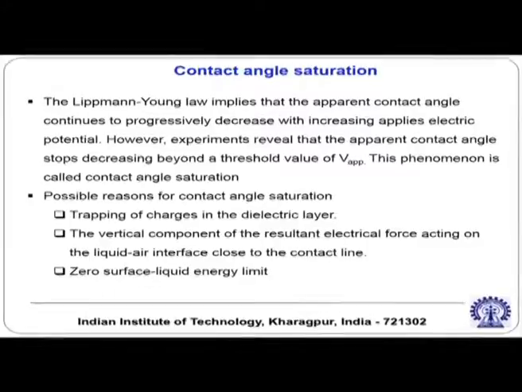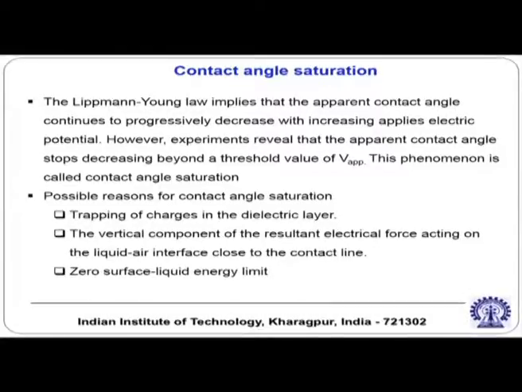What are the possible reasons for contact angle saturation? These are some of the possible reasons. See, all these are like hypotheses. Theoretical foundations have not been strong enough to convincingly pinpoint the details of the entire phenomenon.